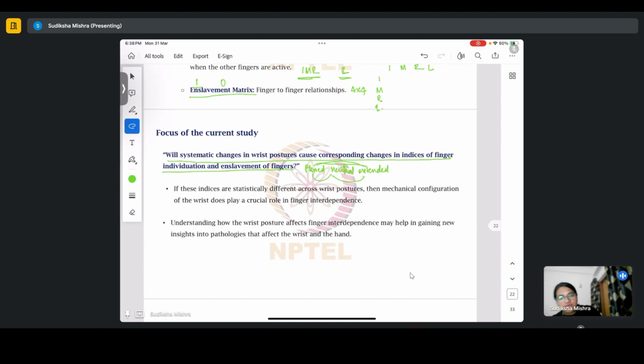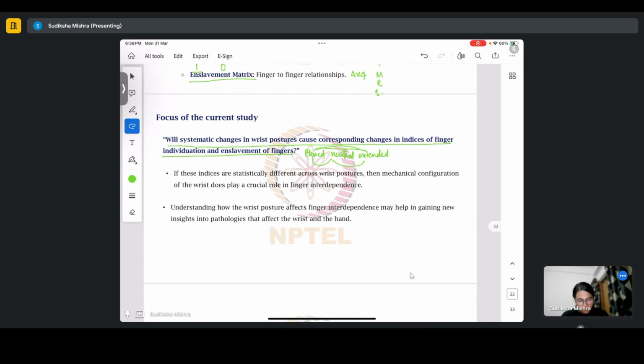And this will further aid in understanding how different pathologies affect the wrist and the hand.